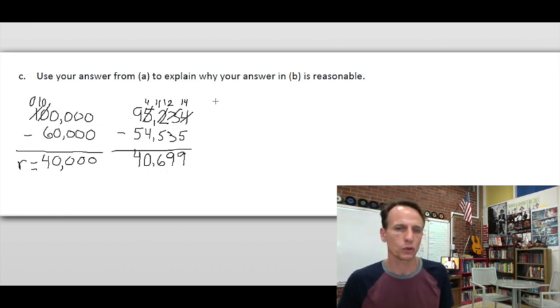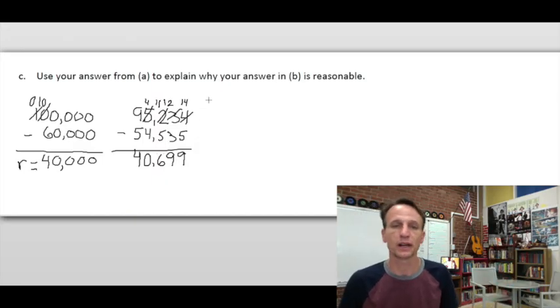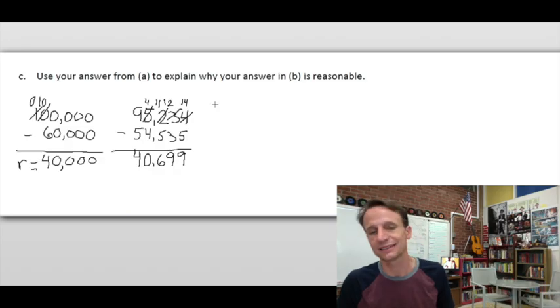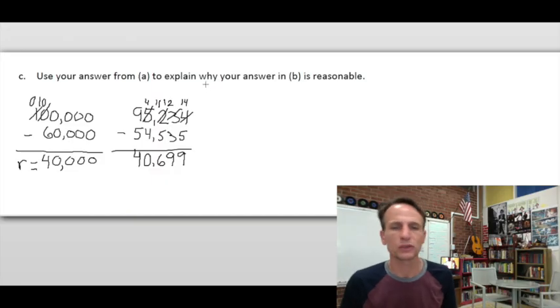Okay, so if we look at it, we see, okay, we're looking at our final answer here. And rounding to the nearest 10,000, which is what we did, it actually rounds exactly to our estimate. So that says this is a reasonable answer because we have 4 10,000s here, definitely below the midpoint of 45,000, right? Okay, so our answer is reasonable.